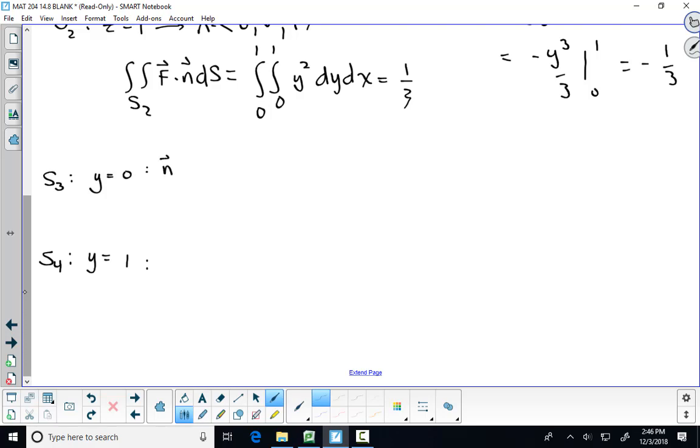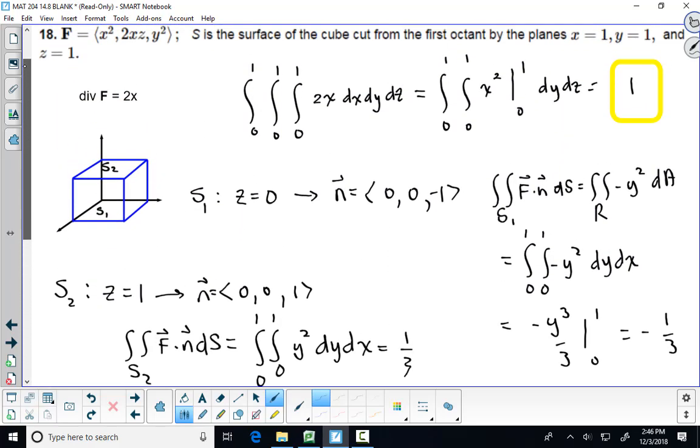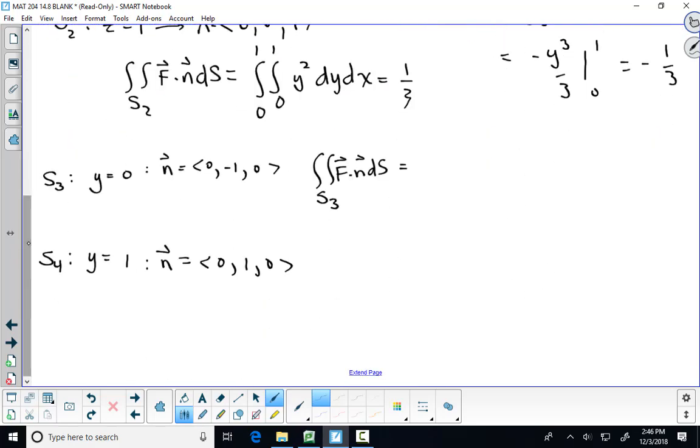So the normal vector for this one, y equals 0, is going to be 0, -1, 0. And the normal vector for this one is going to be 0, 1, 0. And then we go to our field. We have to dot. So we're going to have double integral of f dot n ds over S3. Okay, -1 dotted with our field is going to give 2xz.